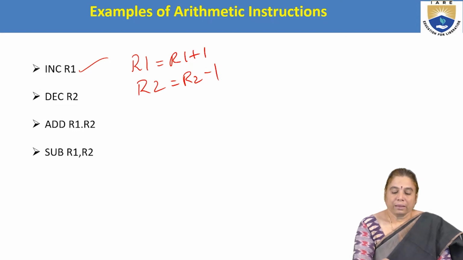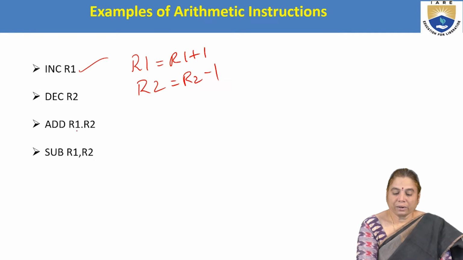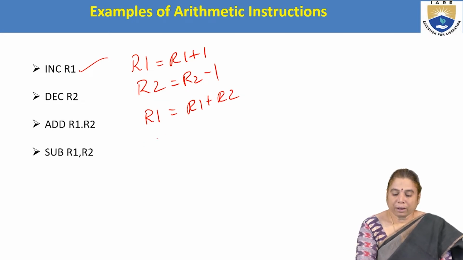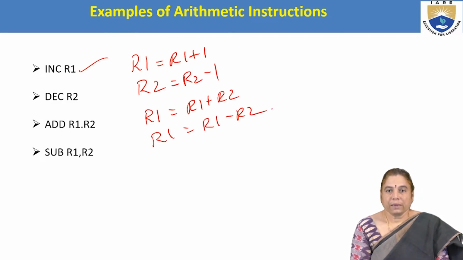ADD R1, R2 means the values of R2 and R1 are added and the result is stored in R1, so R1 = R1 + R2. SUB R1, R2 means R1 = R1 - R2. So in this way the arithmetic instructions can be specified in assembly language.